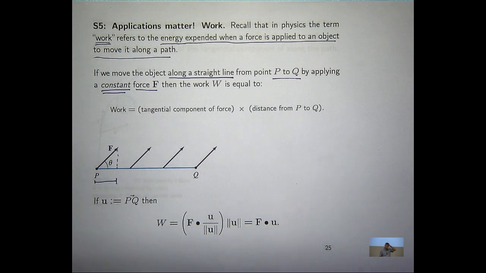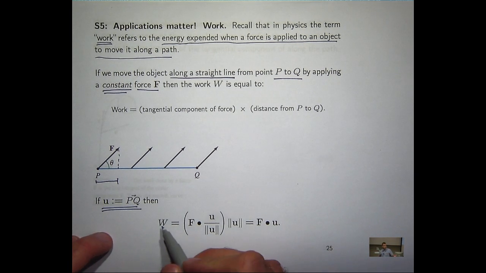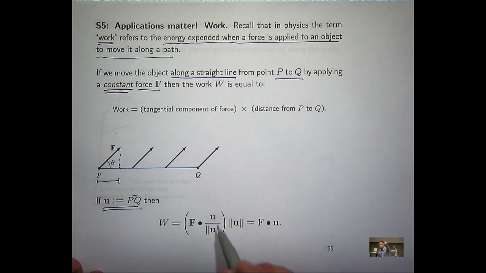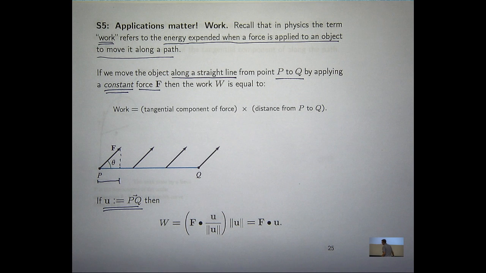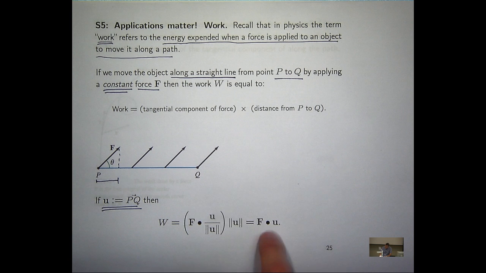Now, if we denote the vector PQ by this vector u, then in a vector sense, this is your tangential component in the direction of motion, and then you just multiply that by the length. So the magnitude or the length of PQ is this. So you get this dot product.